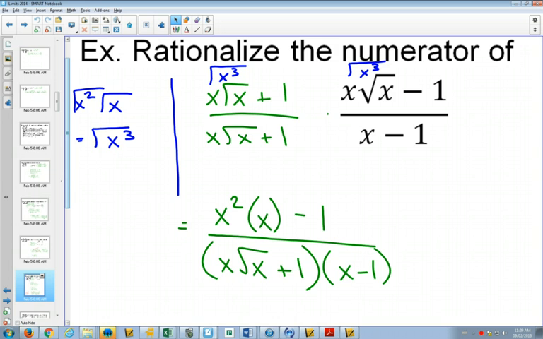What I have in the blue above there is just showing you that if you wanted to write x times square root of x as a single square root, it's equal to the square root of x cubed. And sure enough, later on when you get that, you get the square root of x cubed.